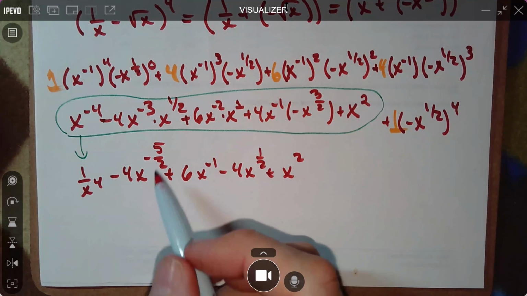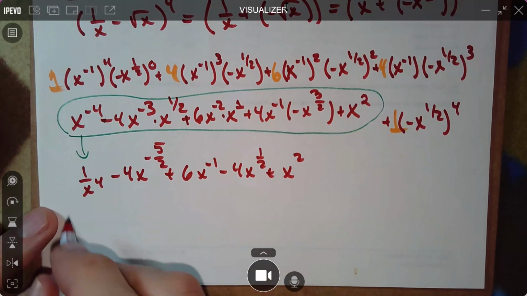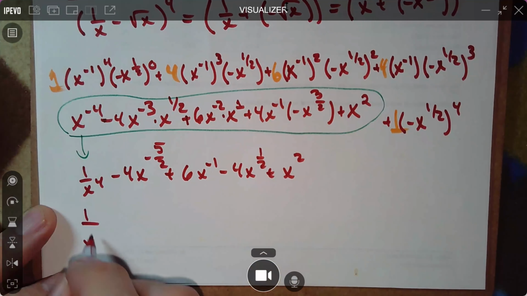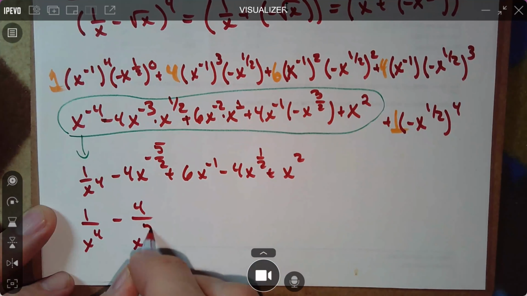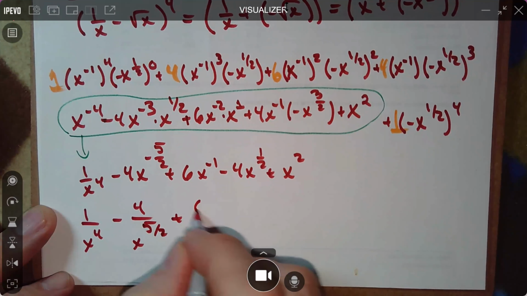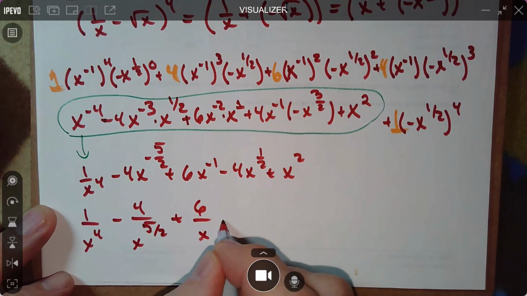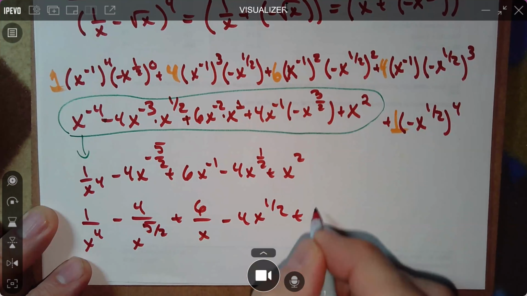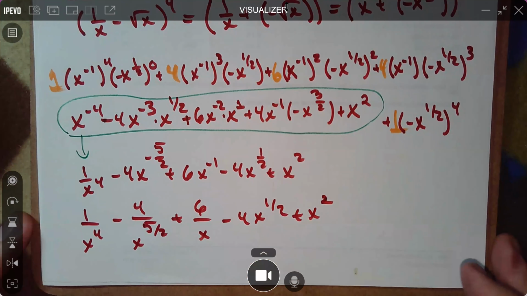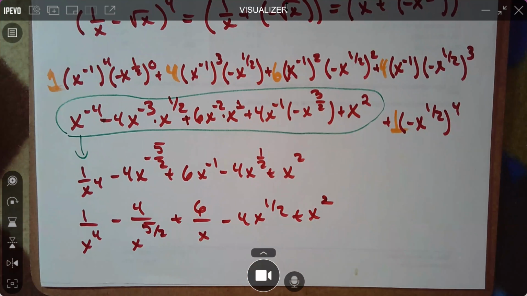Last but not least, I like to get rid of the negative exponents. Not that you have to, unless I say so on the exam. That'd be x to the 5/2 in the denominator, plus 6 over x to the first power, minus 4x to the 1/2, plus x squared. And that would be your final answer there.